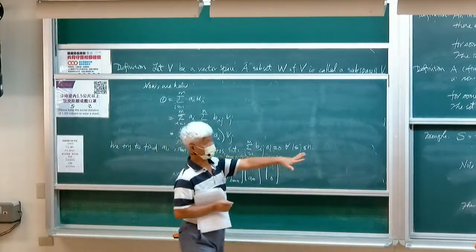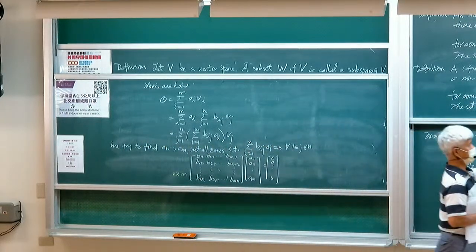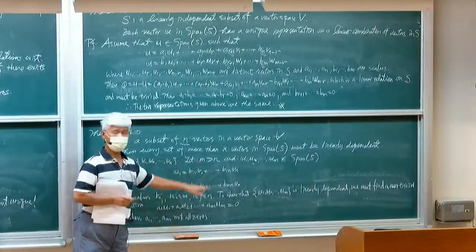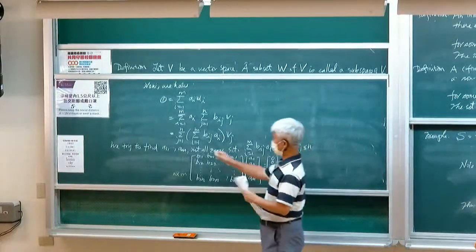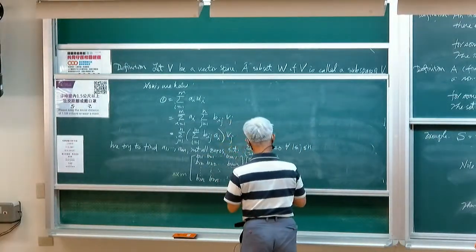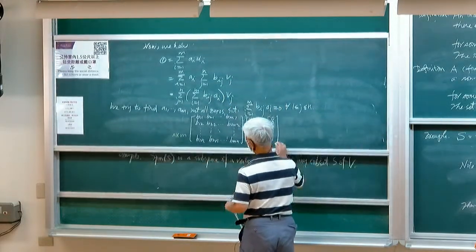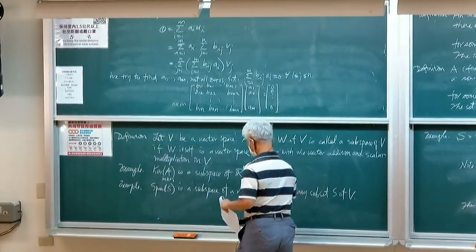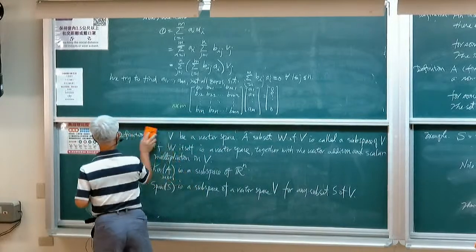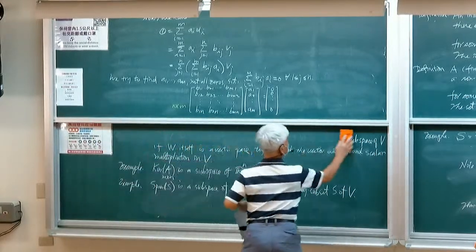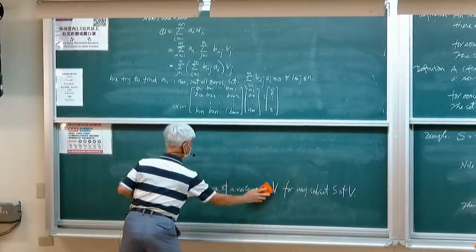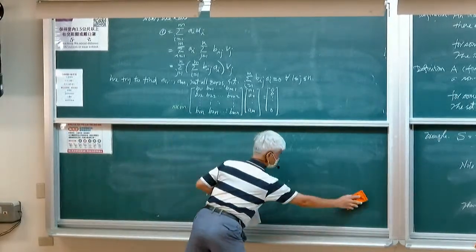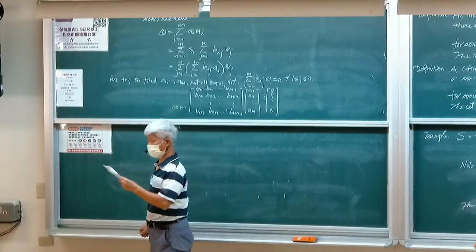By our assumption, m is bigger. So we have more columns than rows.